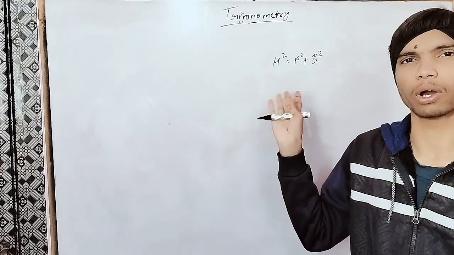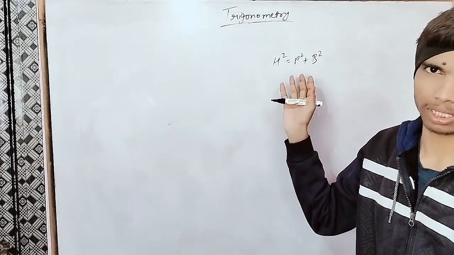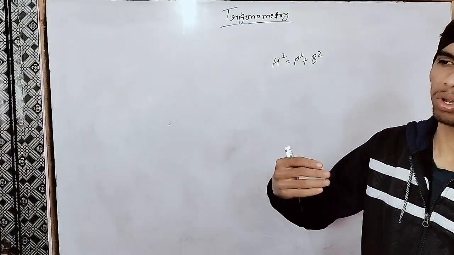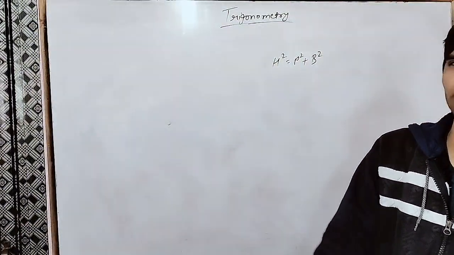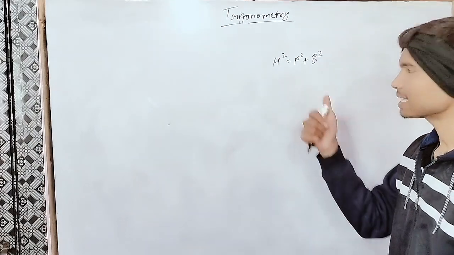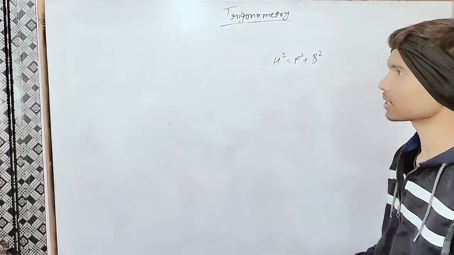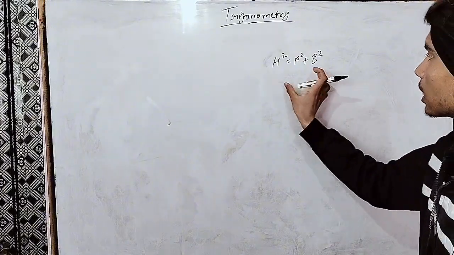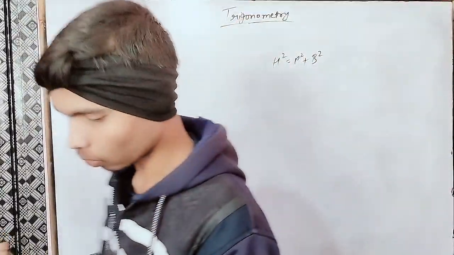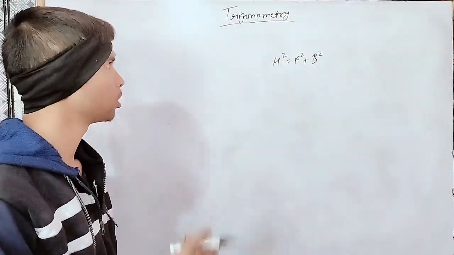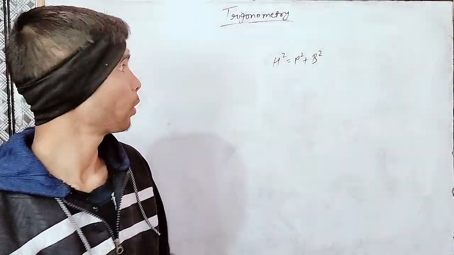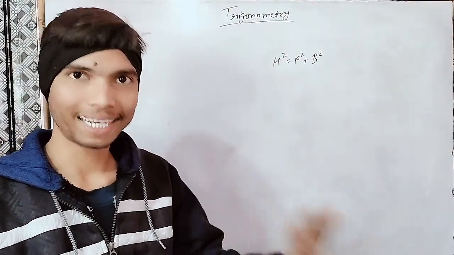You already know this, because it is studied in eighth or ninth class. But it has a connection with the word trigonometry, and this will help in our trigonometry formulas. Let's make a triangle with this help. We will name a triangle.